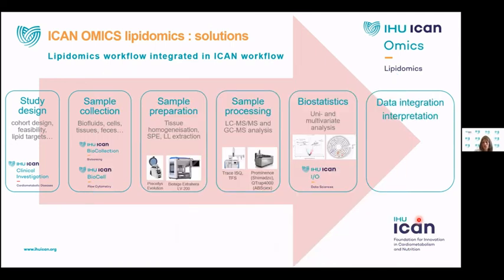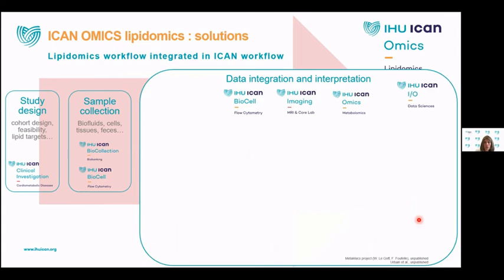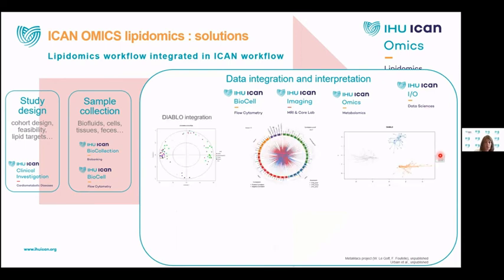In the case of multi-omics projects that can be run in collaboration with the platforms of flow cytometry, imaging, and metabolomics, the ICAN Data Sciences will also propose all kinds of tools to better study multi-omics and multi-scale projects.